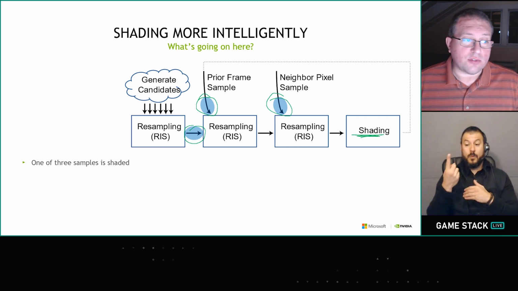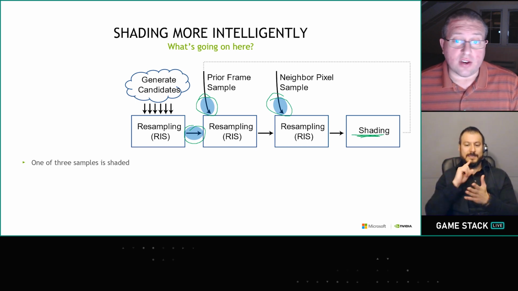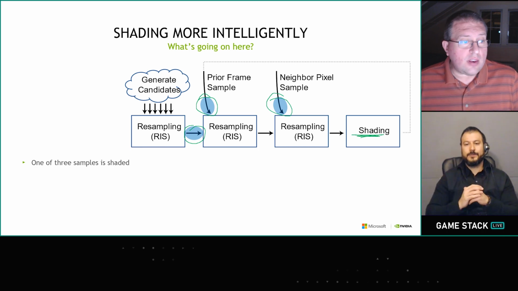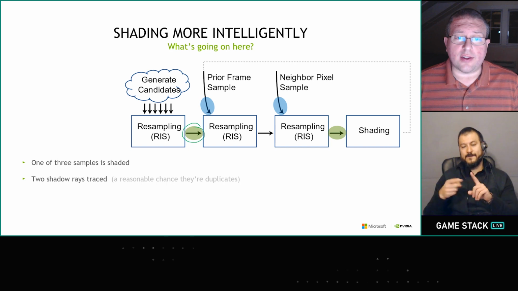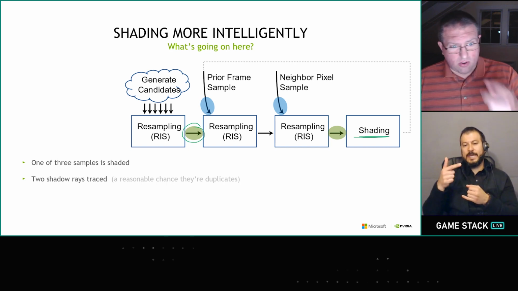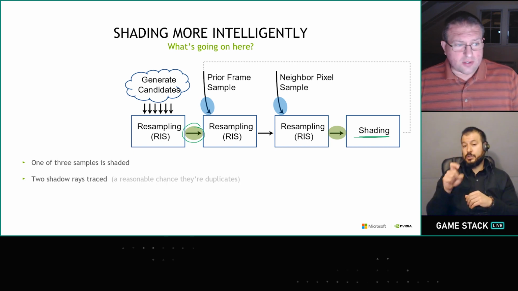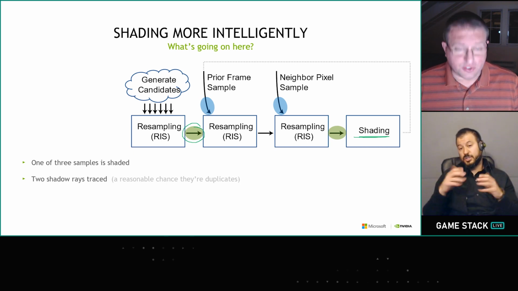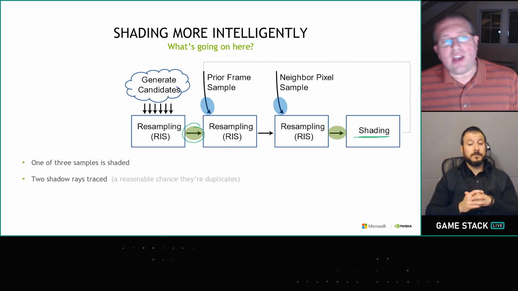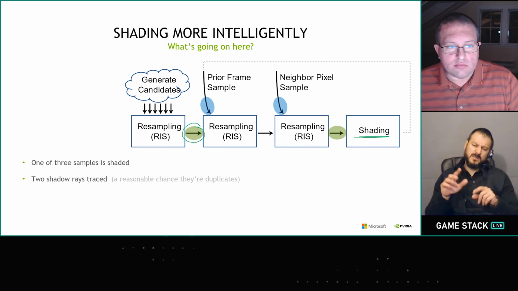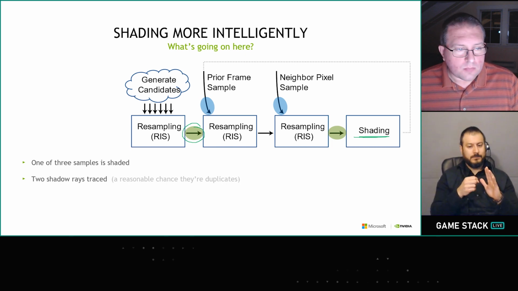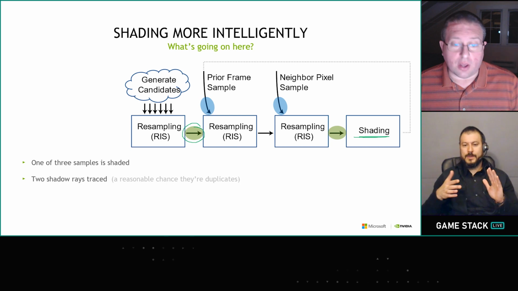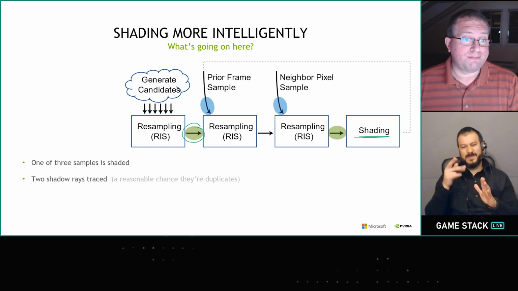And only one of these 3 samples is shaded down here. Now we trace 2 shadow rays, one here for our initial candidate, and then one during final shading down here. Now, something you should realize looking at this is there's a reasonable chance these are duplicates. It's not 1 in 3, but it's roughly a 1 in 3 chance that this sample here goes all the way through. And that means you'd shoot the same shadow ray twice. That seems like a waste.